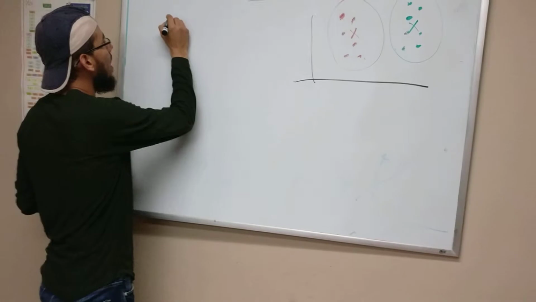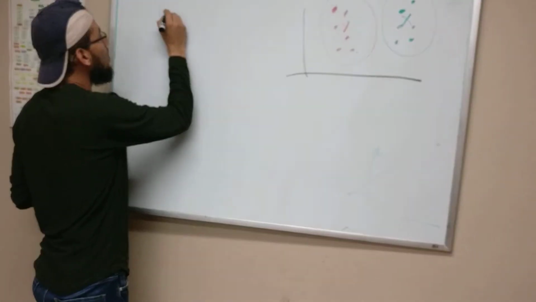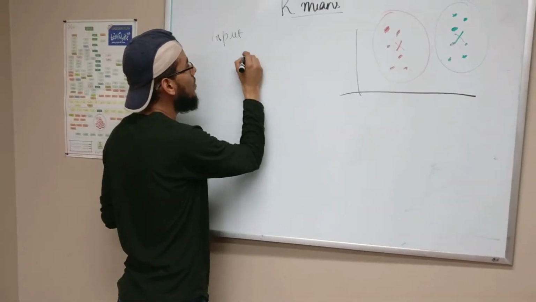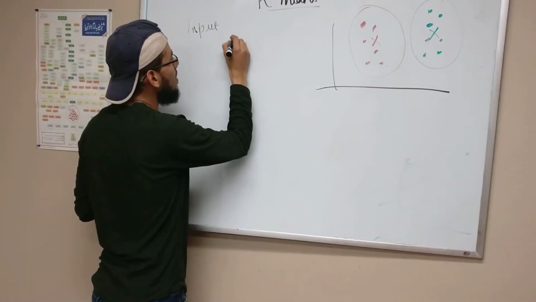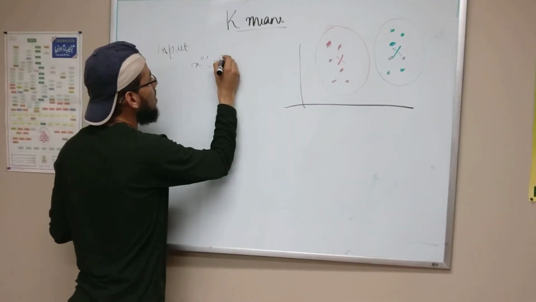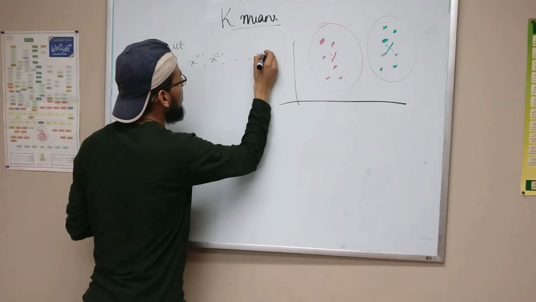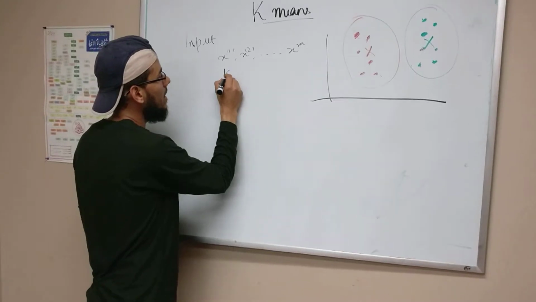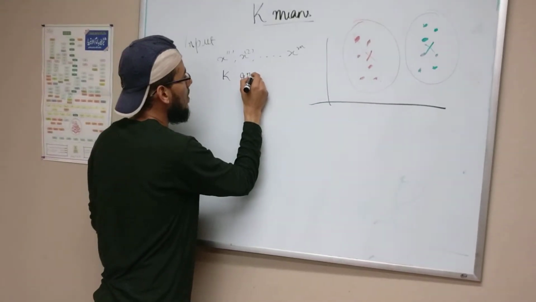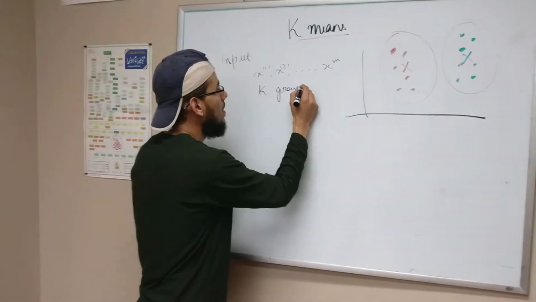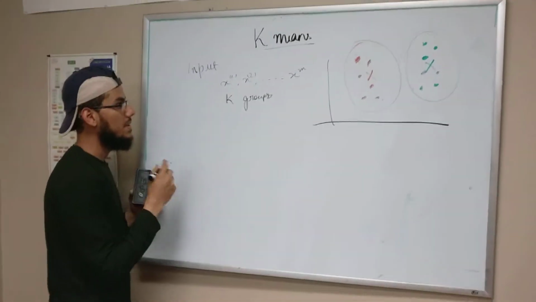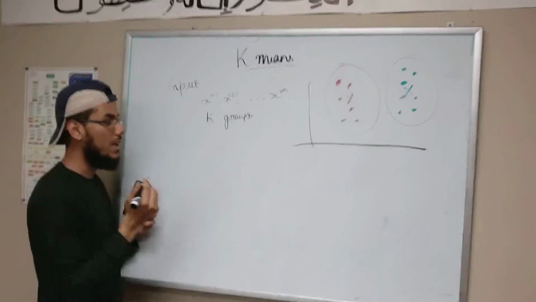Now we're gonna see how this clustering algorithm works exactly. So as an input, you have these data points x1, x2, ..., xm, and you want to cluster them into, say, k groups. And how your algorithm works is this. There are two steps.